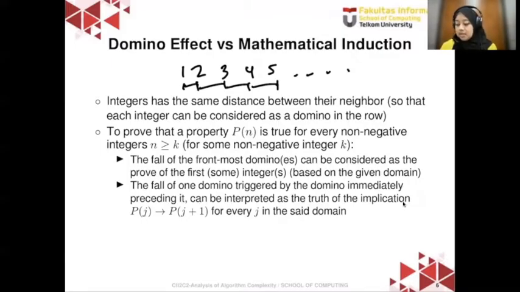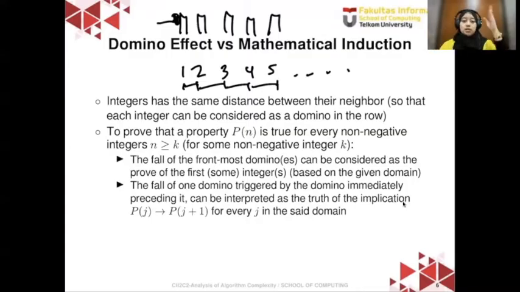So let's consider the integers as dominoes. Previously, in the domino effect, if the frontmost domino falls, it will affect the next domino, and the next domino will affect the next ones, and so on until the last in the row. This is the same as mathematical induction.